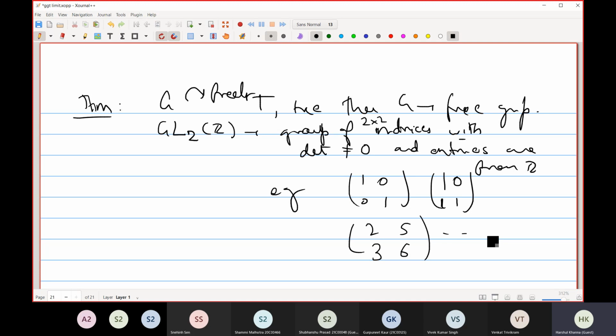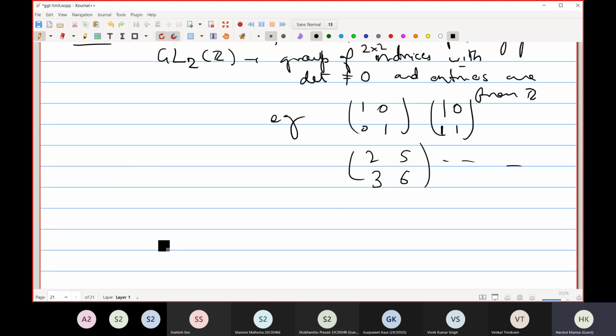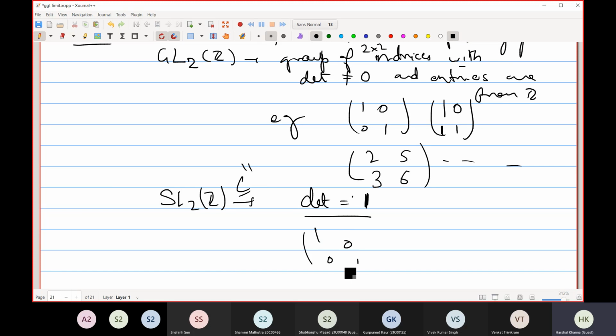All matrices of this form a group, and it has a subgroup SL2Z. This is the same group, but we enforce a restriction that the determinant of all matrices from this subgroup is equal to 1. So again, the group of 2 cross 2 matrices with entries from Z, but the determinant should be 1. This is a subgroup of the above, GL2Z. So this will include something like 1 0 0 1 and 1 0 1 1. This will not be included.